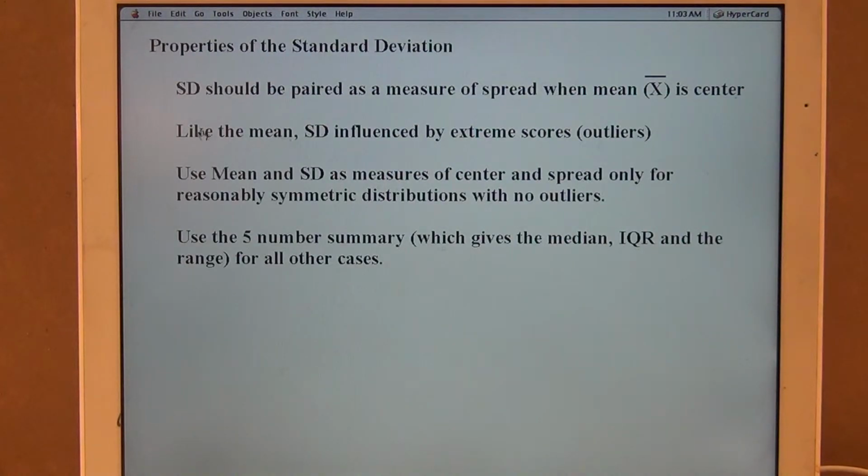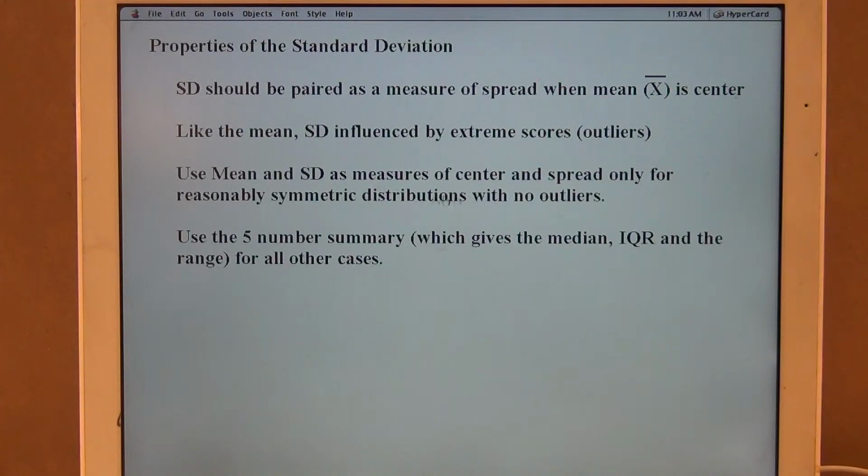Properties of the standard deviation. The standard deviation should be paired as a measure of spread when the mean is the measure of the center. And the standard deviation, like the mean, is greatly influenced by extreme scores. We use the mean and standard deviation as a measure of center and spread only when our distribution is reasonably symmetric and has no outliers.